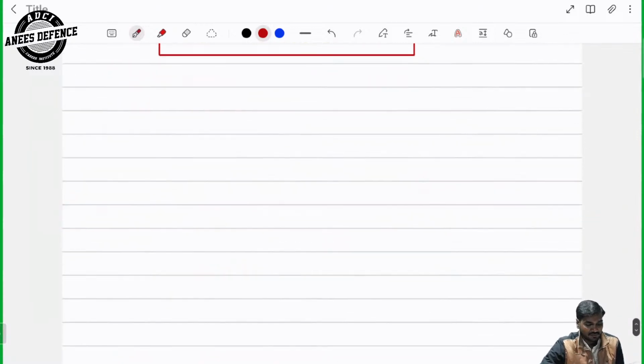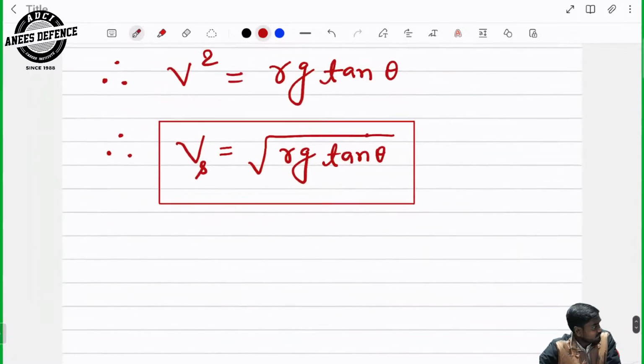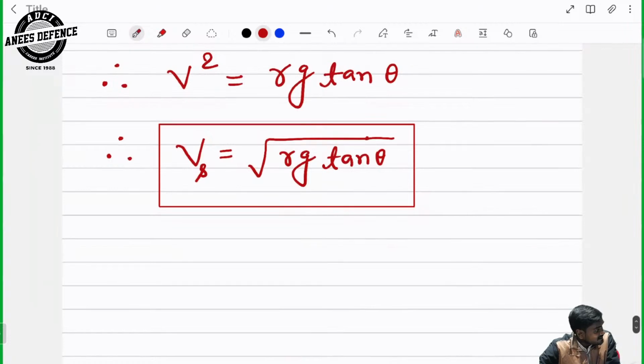Next one. This is the safer speed. You can increase this speed and you can decrease this speed. Yes or no? Yes.